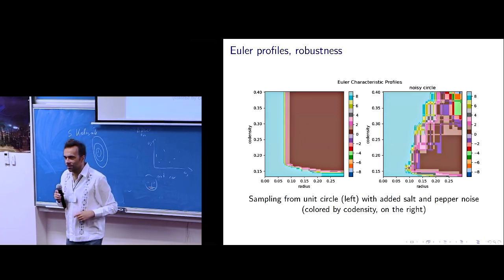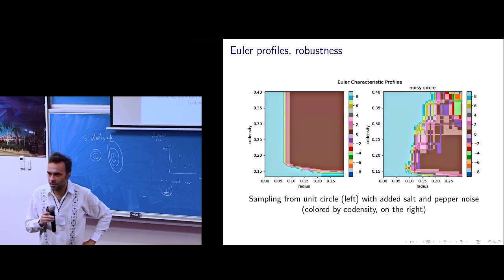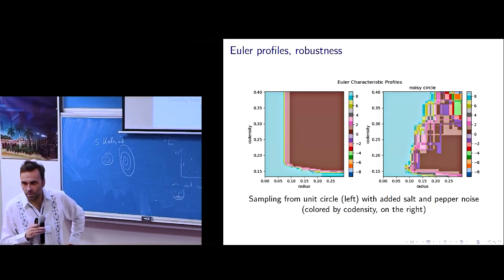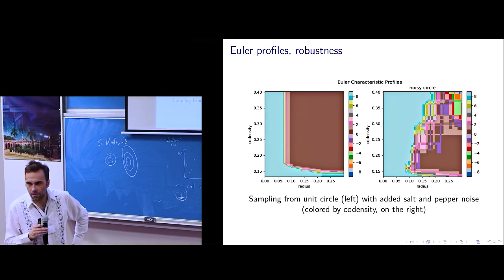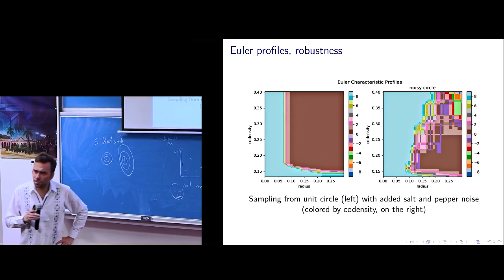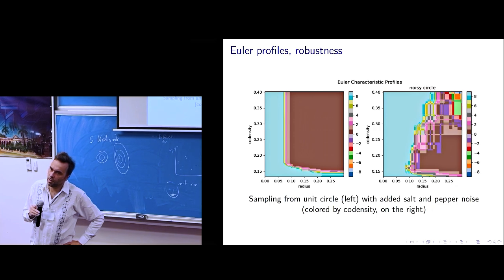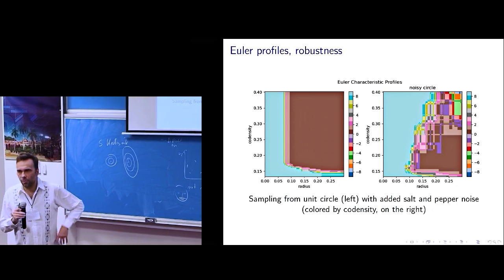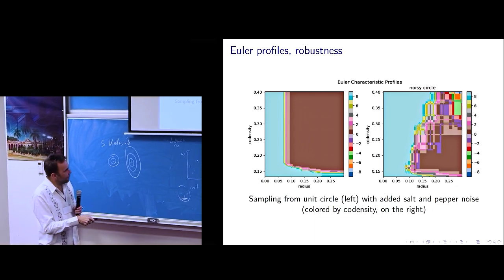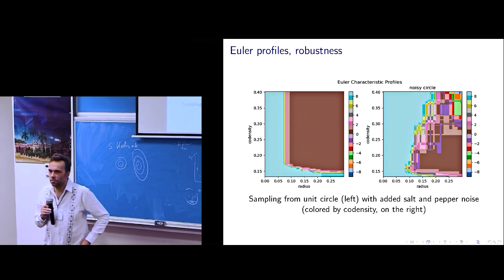Well, does it or does it not? I mean, at the end of the day, it tells you about the global topology, right? Euler-Poincaré formula. It's locally computable, but the aggregation over here gives you global information.